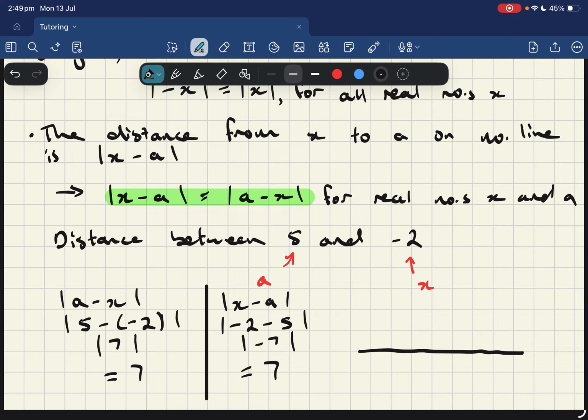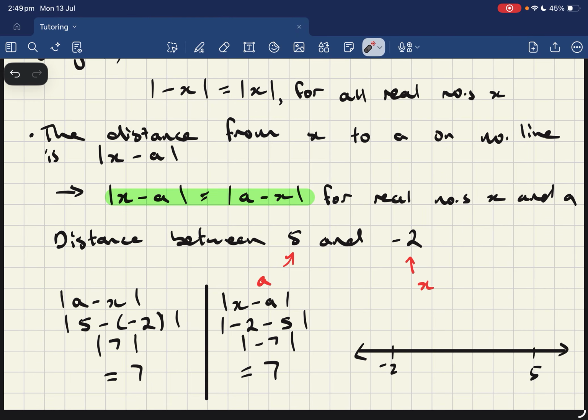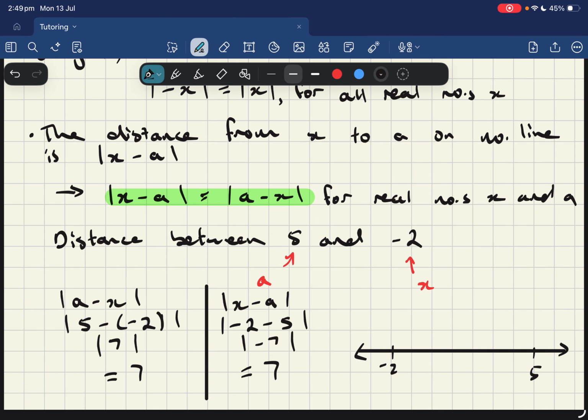And this is quite intuitive, because if we imagine the number line and we draw this up and we go from, let's call this -2 to 5, it doesn't matter which way we look at it, whether we go the distance of this number from this number or this number from this number, whether the perspective of the distance is different, we can still say that from here to here, no matter which way we look at it, these two numbers are 7 units apart on the number line.